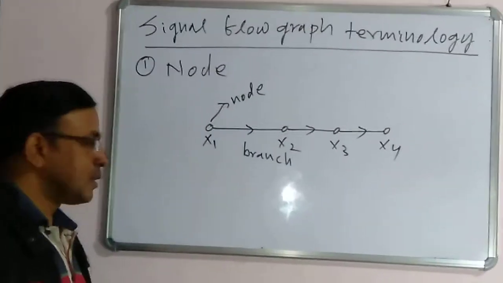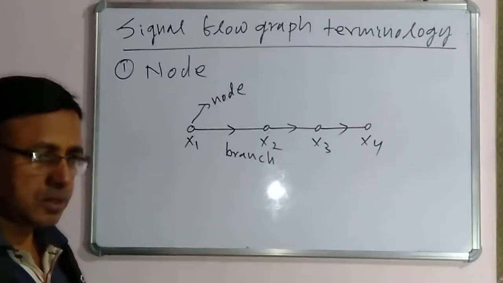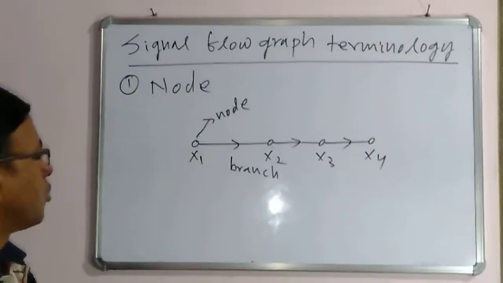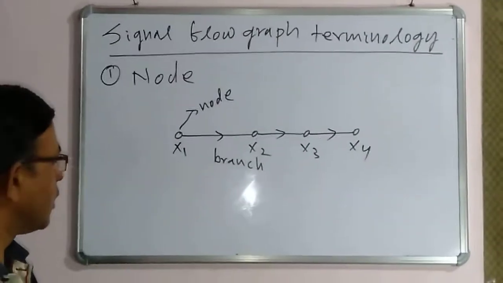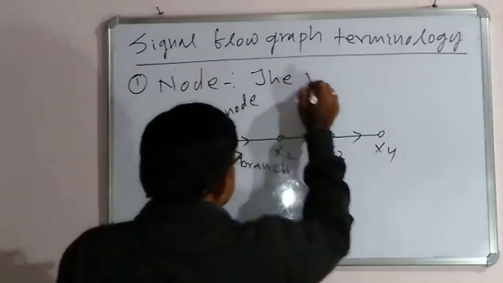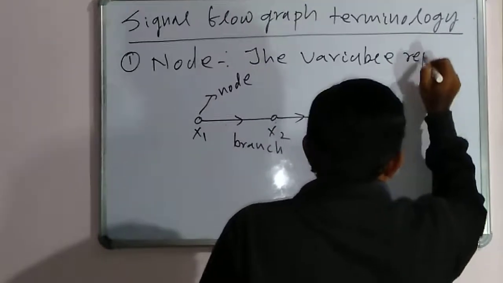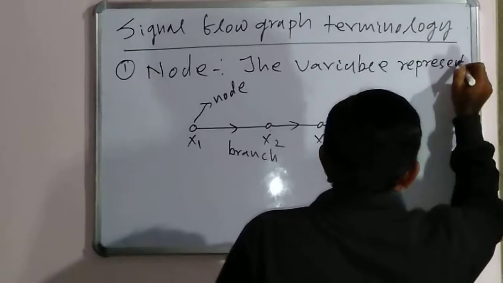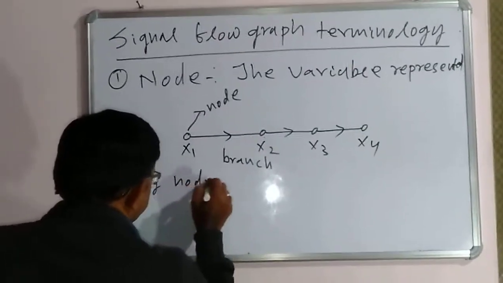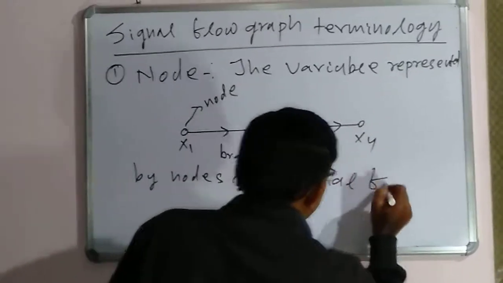Practically, in a system the variables, that is the control variables, are represented by nodes in the signal flow graph.